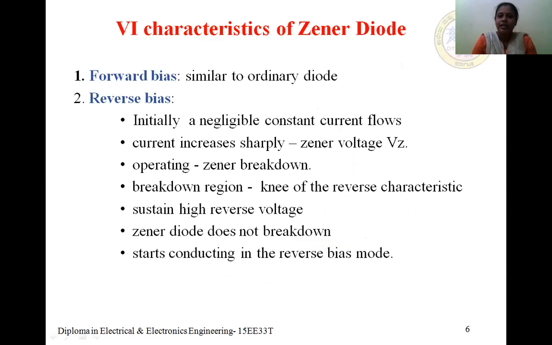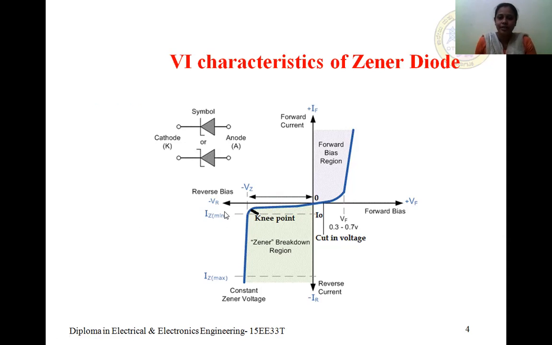Next, current increases sharply at the Zener voltage Vz. This graph you can see here, this is a small leakage current flowing. At the point Vz, there is a sudden increase in the current.